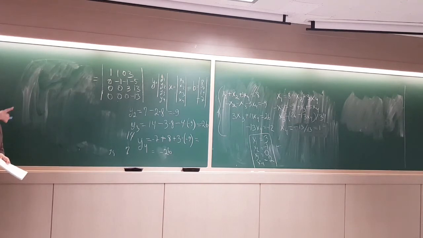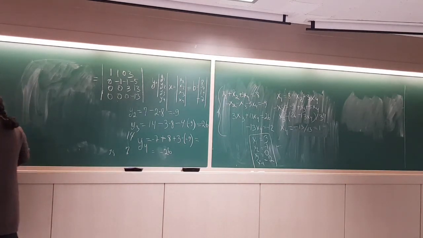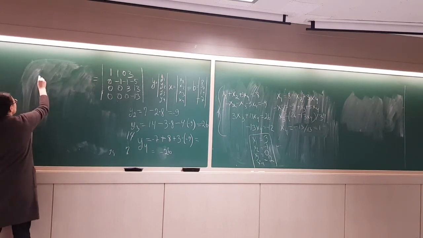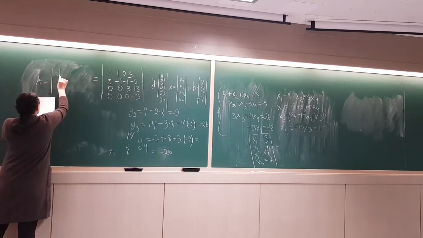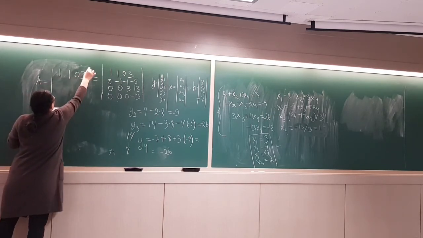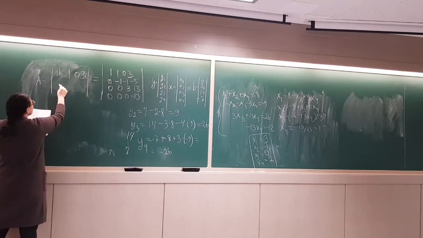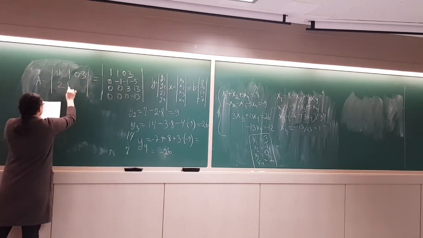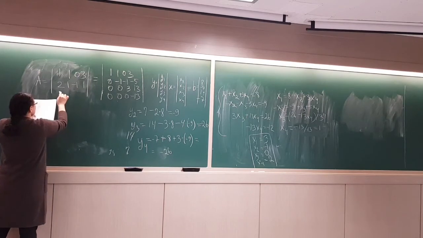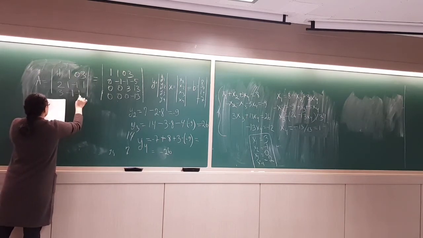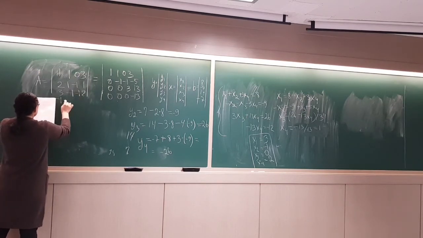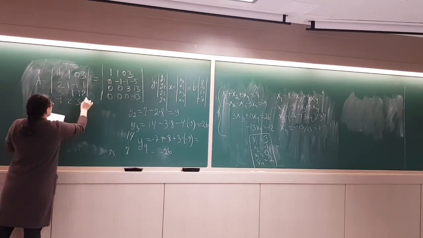Sometimes you can check all lines, sometimes the first line is enough. Let's see, A matrix is 1, 1, 0. This is the A matrix. 2, 1, minus 1, 1. 3, minus 1, minus 1, 2. Minus 1, 2, 3, minus 1.